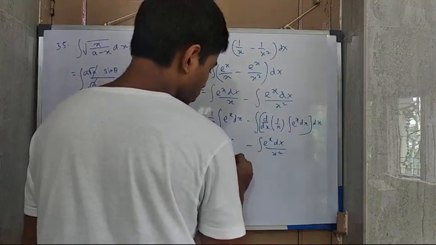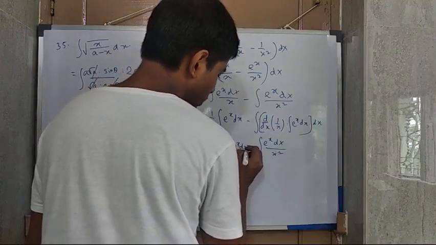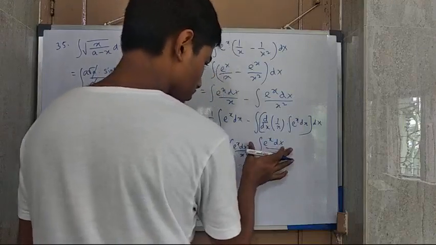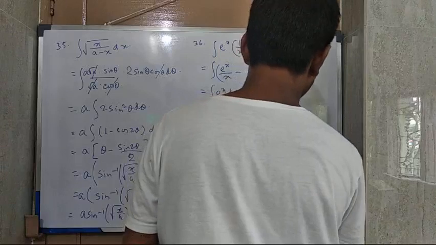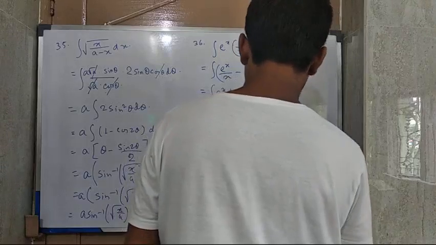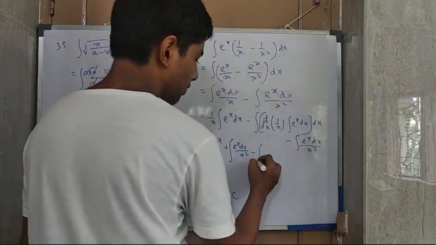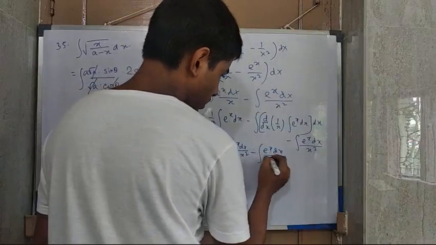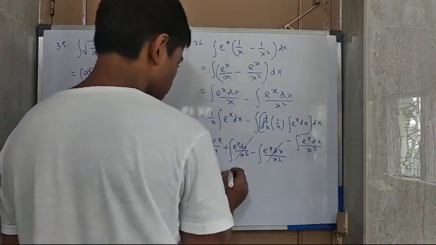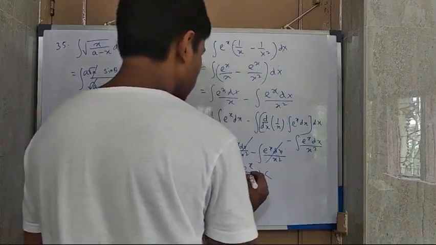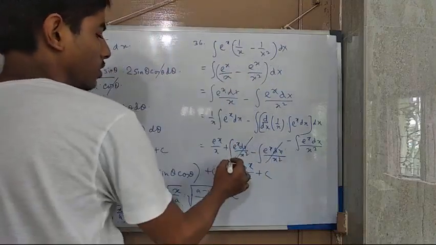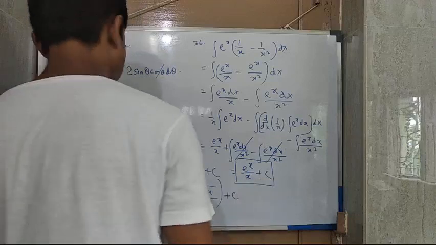Let's write it somewhere here. This is plus, and then minus integral e to the power x dx by x squared. This and this get cancelled out, and this is actually e to the power x by x plus c. So this is the answer of the 36th question.